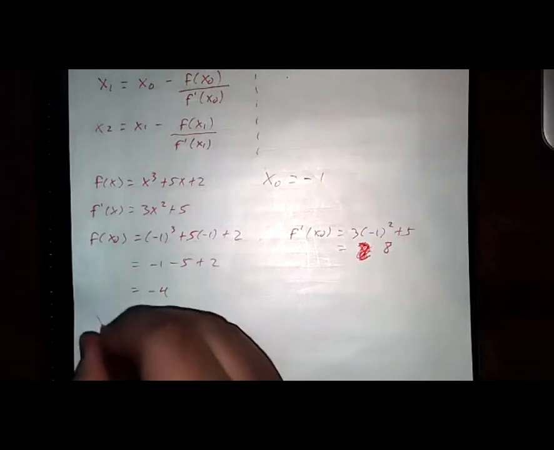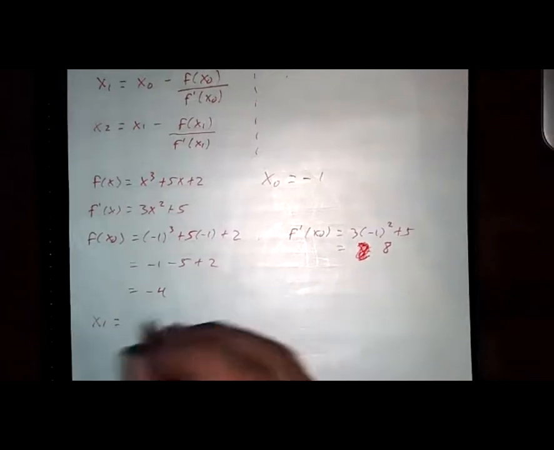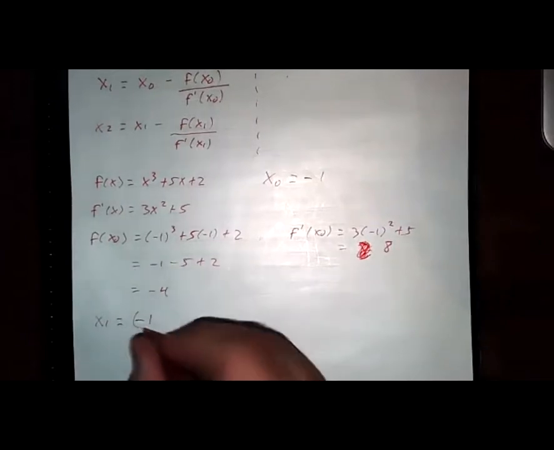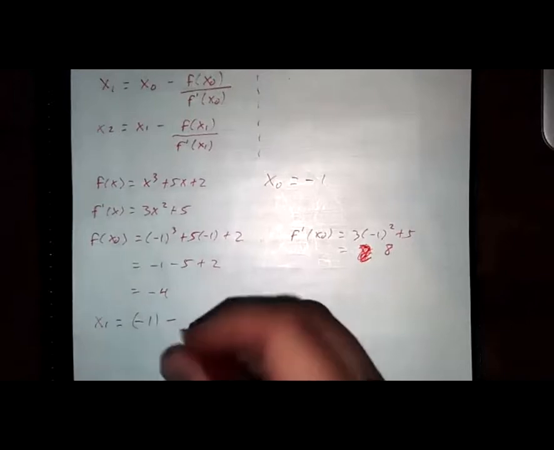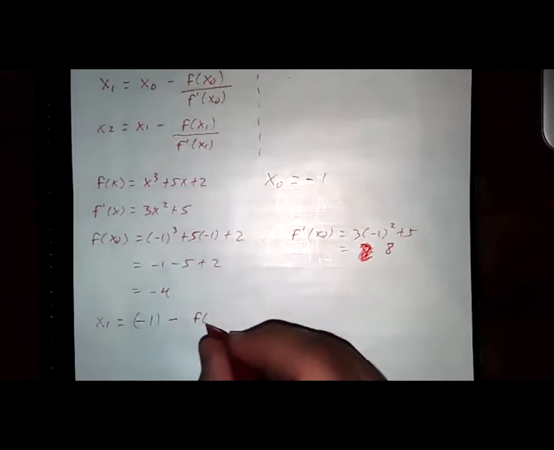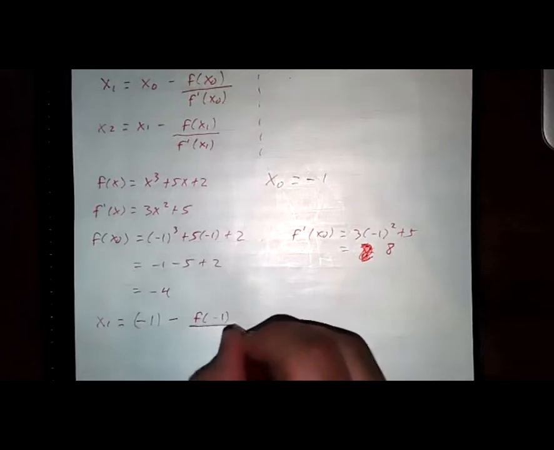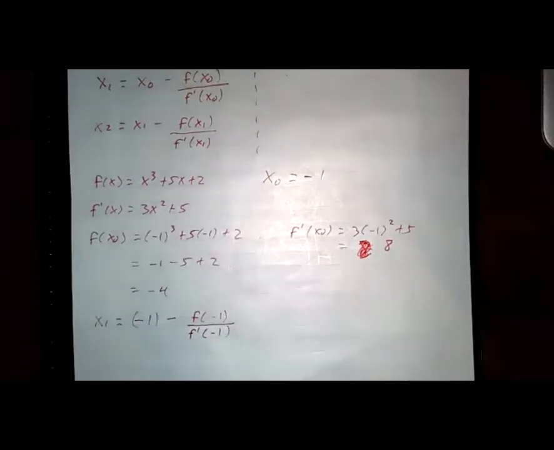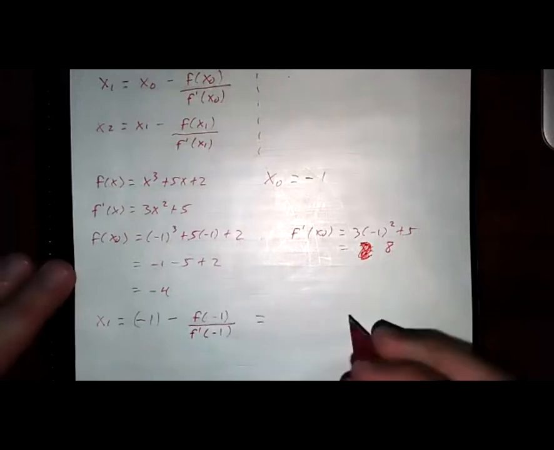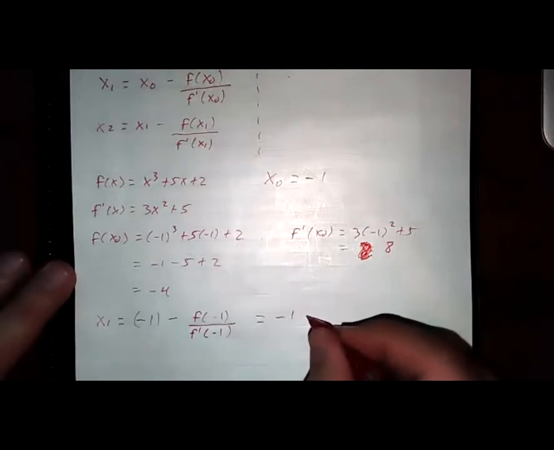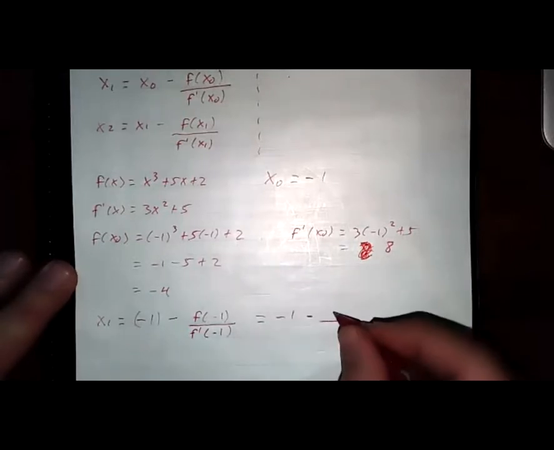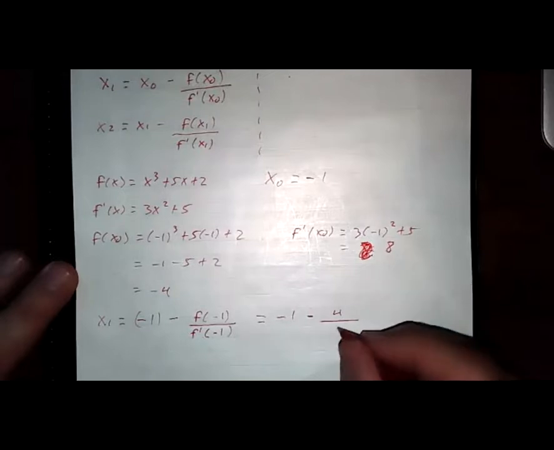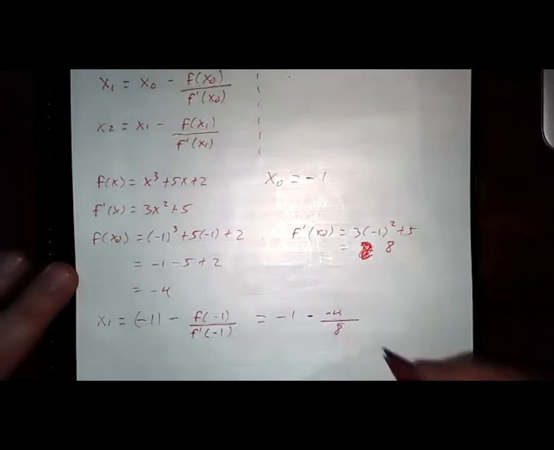So x1 is equal to x0 minus the function at x0 over the derivative at x0, which will be -1 minus, and we got -4 over 8, right?